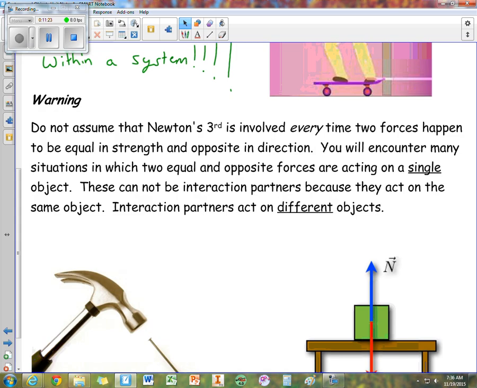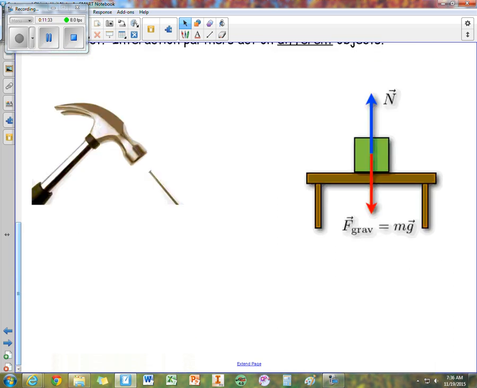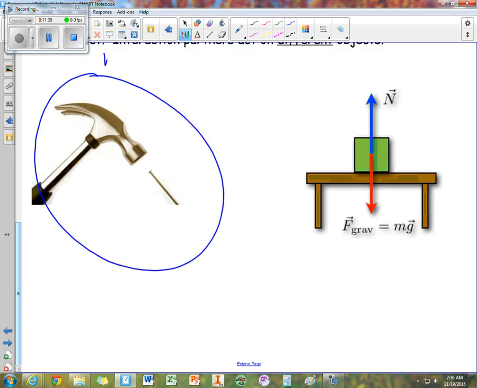So when we have interaction partners or interaction pairs, they must be acting on different objects, because a system is a collection of objects. So if we look at this right here, here we have a system. This is the hammer-nail system.